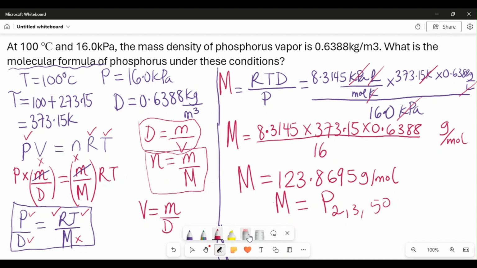So therefore, since we've solved for the molecular mass, we now have to go to our periodic table and find the atomic mass. So here we have molecular mass, let's call it MM now, and you have atomic mass. So go find in your periodic table the atomic mass of phosphorus.